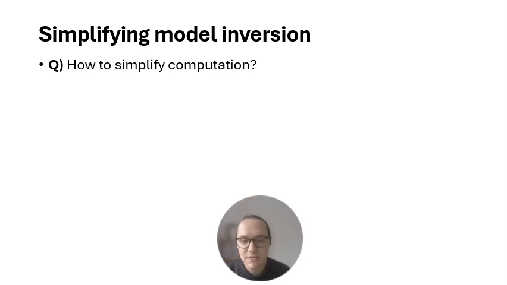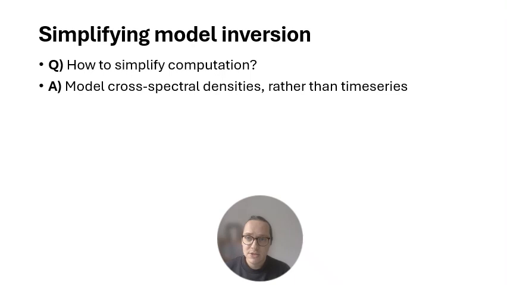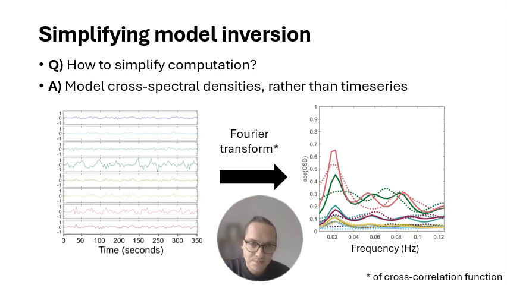How can we simplify the computation? Well, it turns out that one thing we can do is, rather than modeling time series as we do with conventional task-based DCM, we can instead model what's known as cross-spectral densities. On the left-hand side here, you can see some toy cartoon time series from a few brain regions.